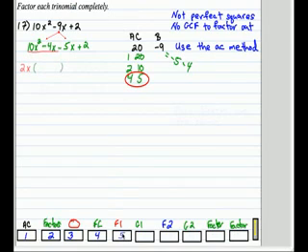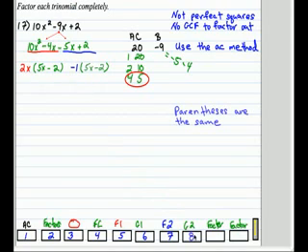First group, 10x squared minus 4x, factor out of 2x. On the inside, 5x minus 2. On the outside, factor out a negative 1, because I need the sign on the negative 5 to change to a positive 5. I need the positive 2 to change to a negative 2. Nothing in common other than a 1 and a sign change.